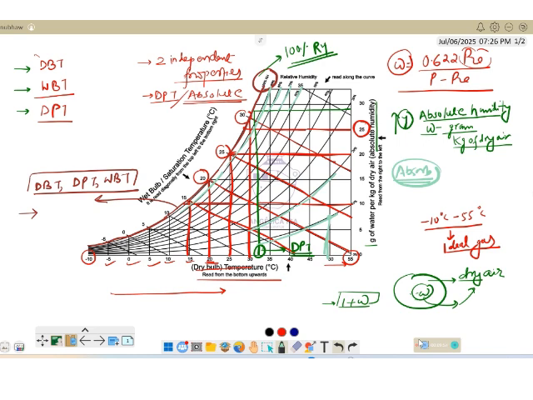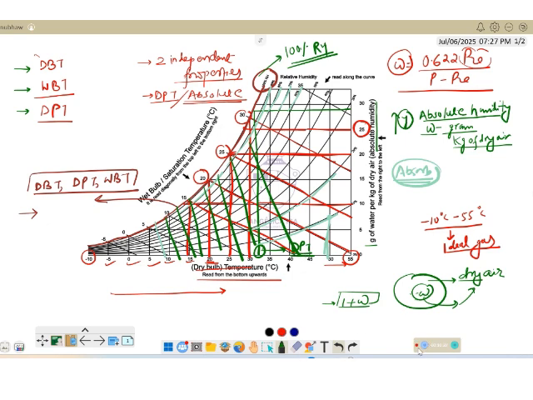Now, one more thing from the psychrometric chart which can be inferred is the constant volume line. So the lines generally are in such a manner. The lines which are steeper than constant wet bulb temperature lines represent the constant volume lines.